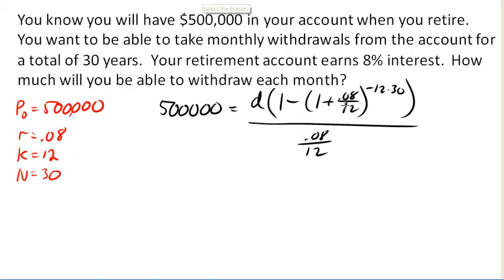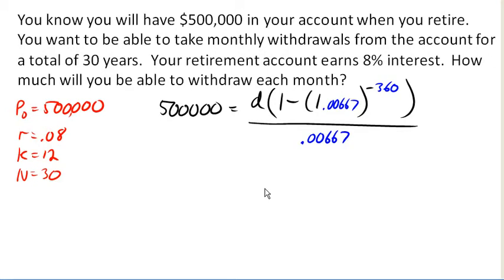I can calculate that 1 plus 0.08 over 12 is 1.00667 after doing some rounding. It just becomes necessary, or at least convenient in some of these cases, to round. 12 times 30 is 360, and so this is going to make my life a little easier here.